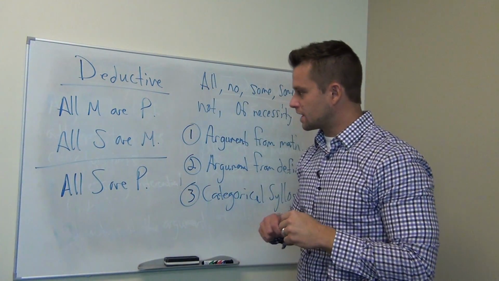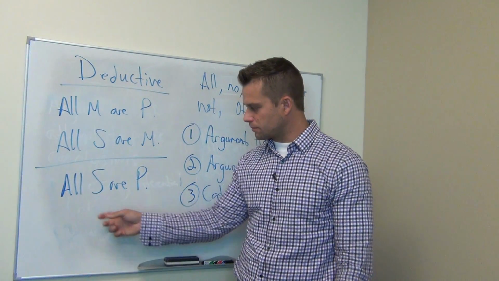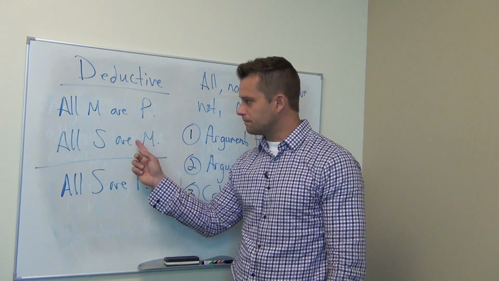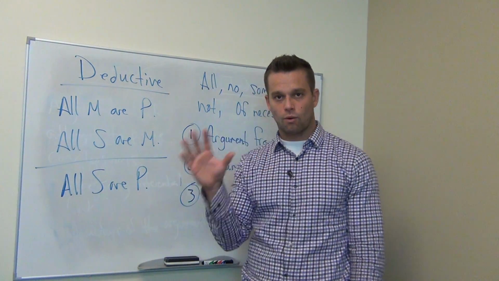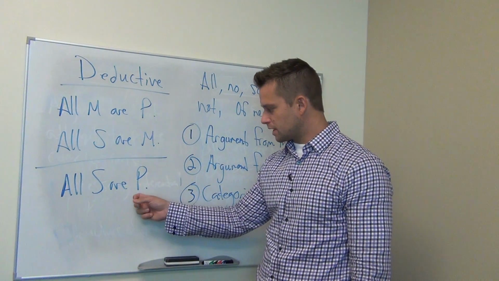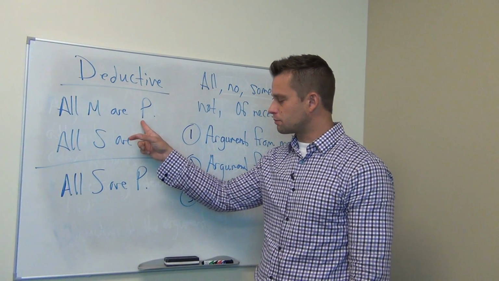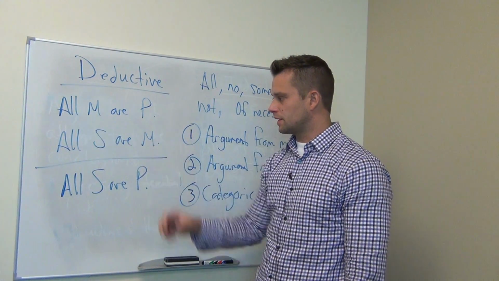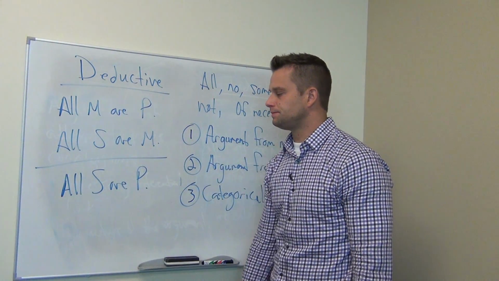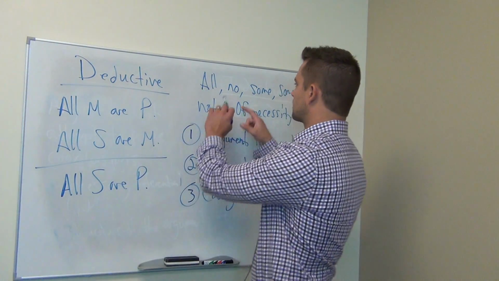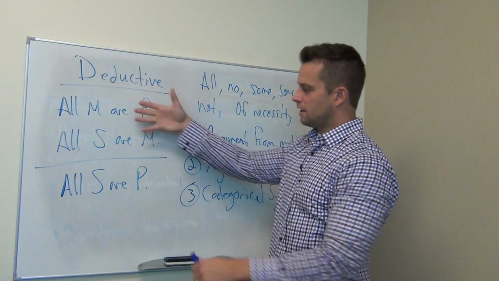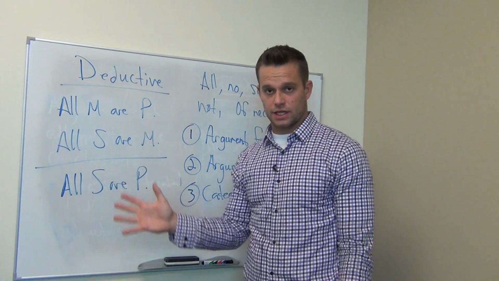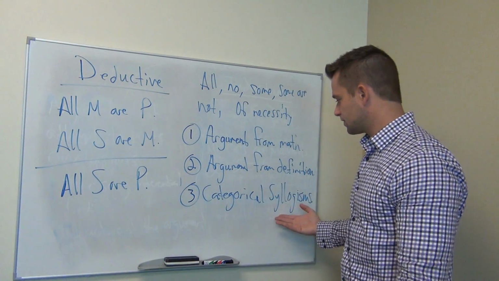The three terms in a categorical syllogism are the subject term, the predicate term, and the middle term. Notice that each term occurs twice in the argument. The predicate term occurs in the first premise, the subject term in the second, and the middle term is the one that appears twice in the premises. Whenever you see all, no, some, or some are not, and you have two premises and a conclusion, that's a categorical syllogism.